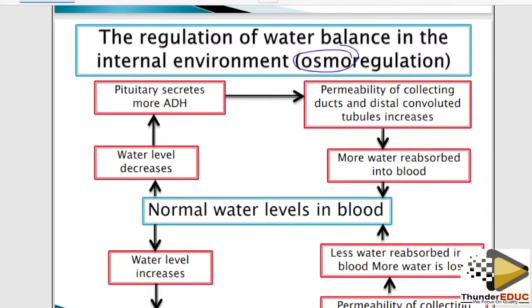Don't forget osmosis: movement of water molecules from a region of their high concentration, meaning a dilute solution, to a region of their low concentration, meaning a highly concentrated solution, across a semi-permeable membrane. So whenever I talk about osmo, we are talking about water.